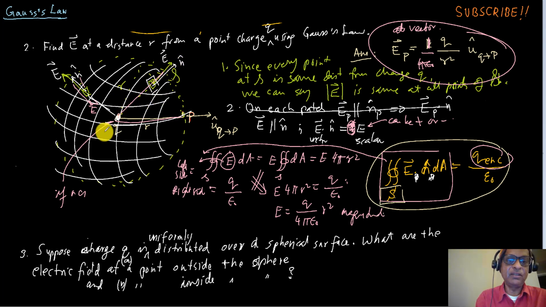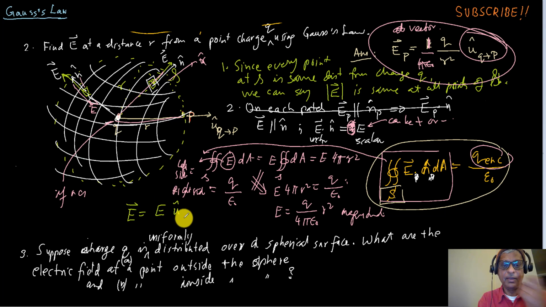And knowing that the electric field for a point charge is always radially outward, we can write this as a vector. So I'm not done yet. To get the electric field, we write the electric field as this E times u hat, from the charge to the point P. This will be the same at all points on the surface.